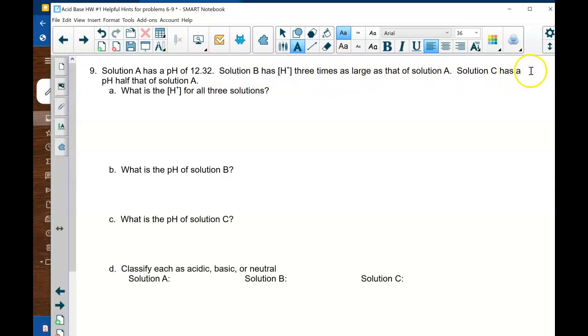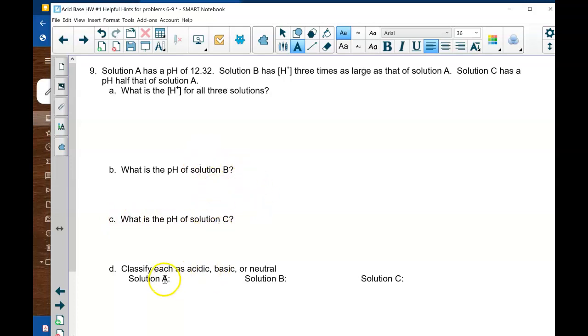Then for solution C, you can figure out the H plus concentration because I tell you that the pH is half of solution A. So if you know pH of C is equal to half of 12.32, then you'll be able to figure out all 3 of your concentrations. Then I would like you to figure out the pH of solution B and the pH of solution C. Show your work for how you get these.